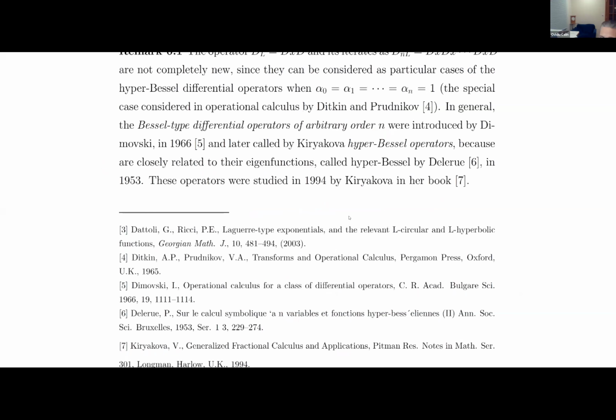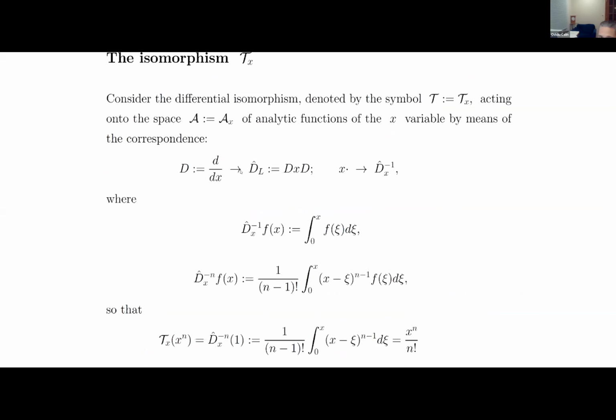Another remark is that this operator is not completely new, since it was previously known by several authors, but in quite a different form.